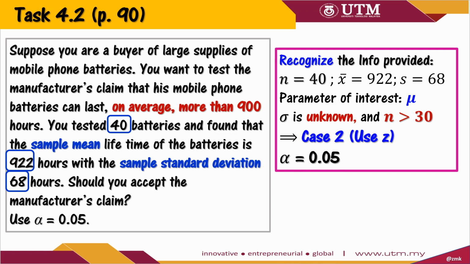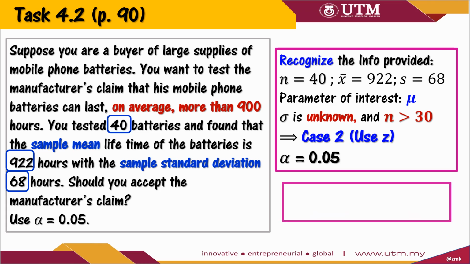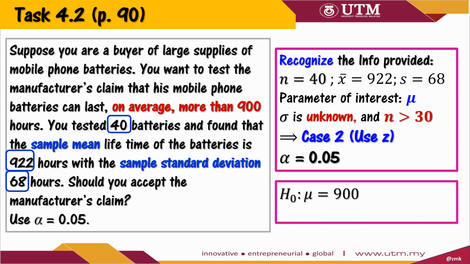What are the null and alternative hypotheses H0 and H1 for this question? Since we know under H0 we should always have an equality sign, then we can write H0: mu is equal to 900. What about H1? Let's look at the question again.